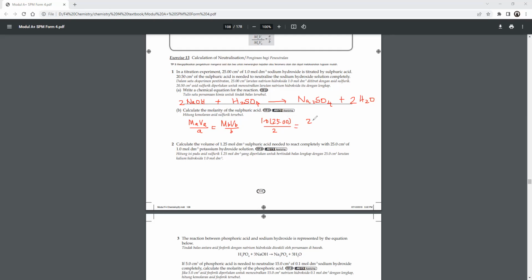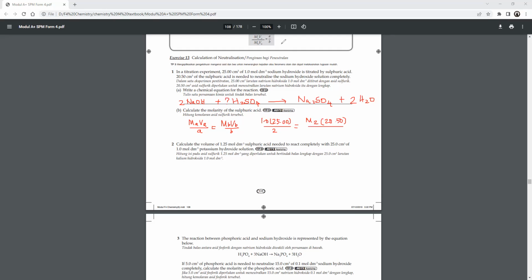20.50. Molarity of the acid, I don't know. They want me to find the molarity of acid, right? M2, I don't know, but this one is 20.50. Over this number, it is 1.